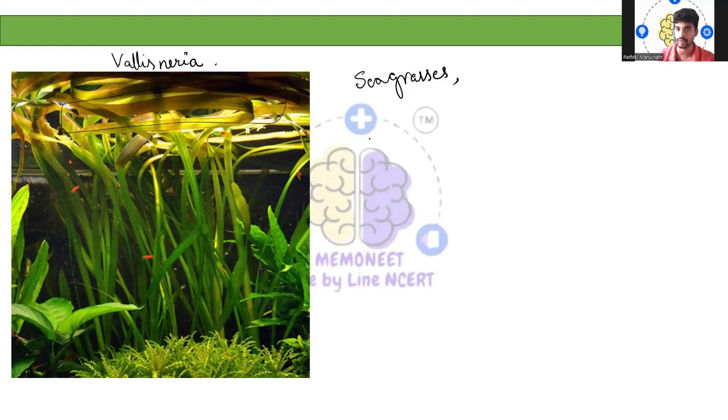In many species the pollen grain structure is long and ribbon-like, so that it can be easily carried inside the water. Some of them eventually reach the stigma of the female plant, that is the sea grass, and pollination happens. So this is one way where pollination happens inside the water.